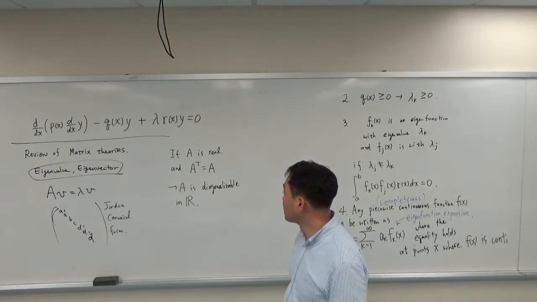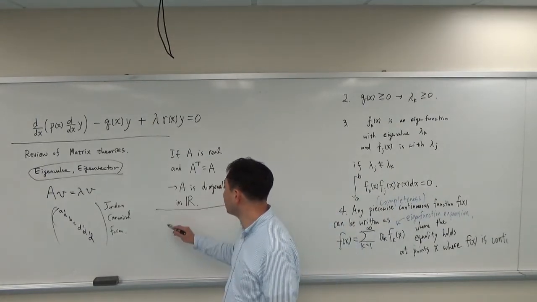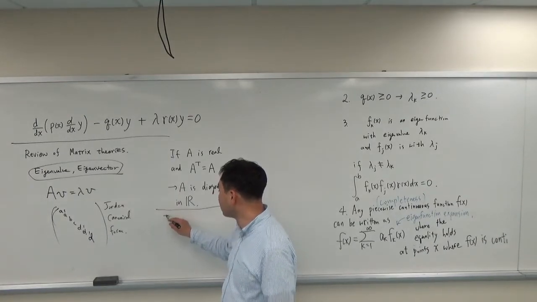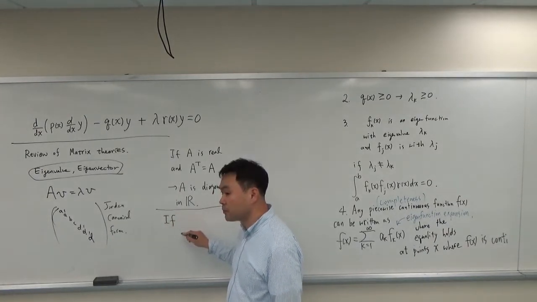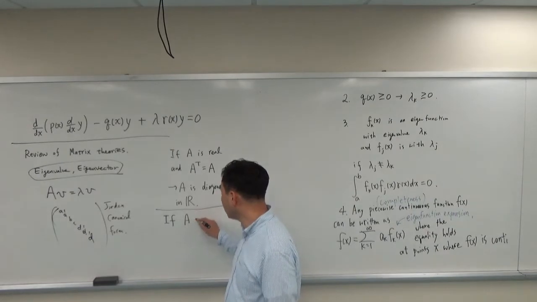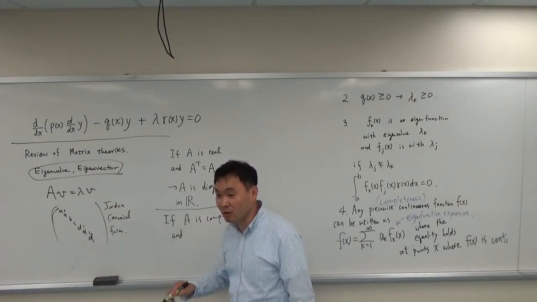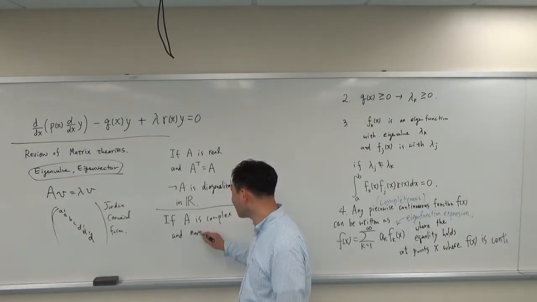So all the vectors will be real, eigenvalues will be real, and you can diagonalize it. Okay? However, in the complex case, you can do a little bit better. So if A is complex and normal, what's the definition of normal?